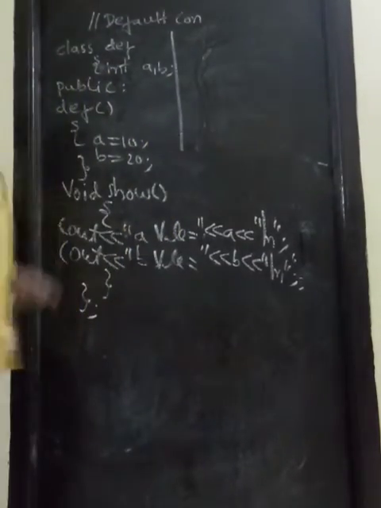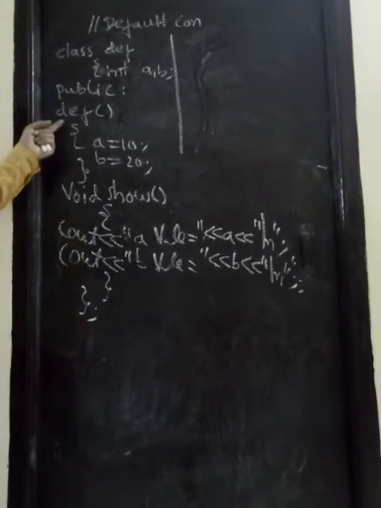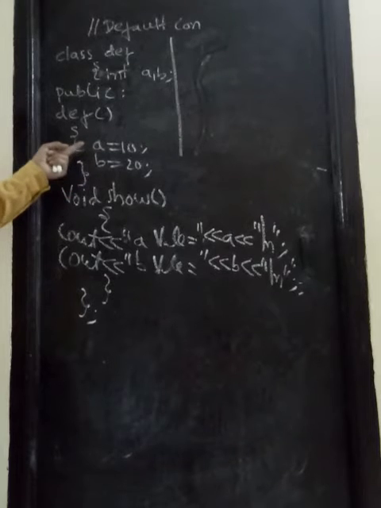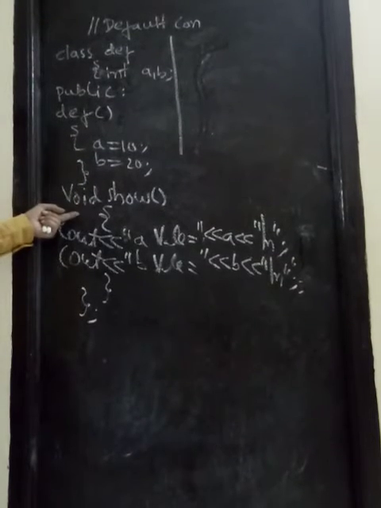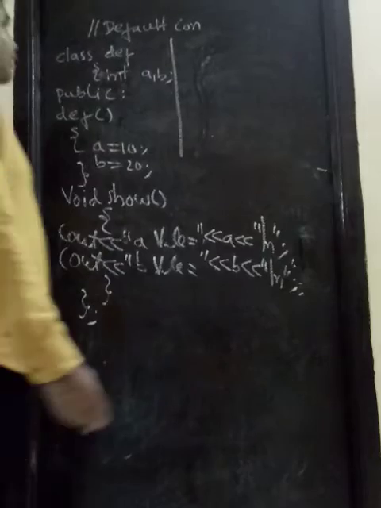See, the class name is def, with integer a comma b values. First the default values of a and b are stored, the variables are initialized. Void show will display a value and b value, then I am closing. Now I am creating objects.